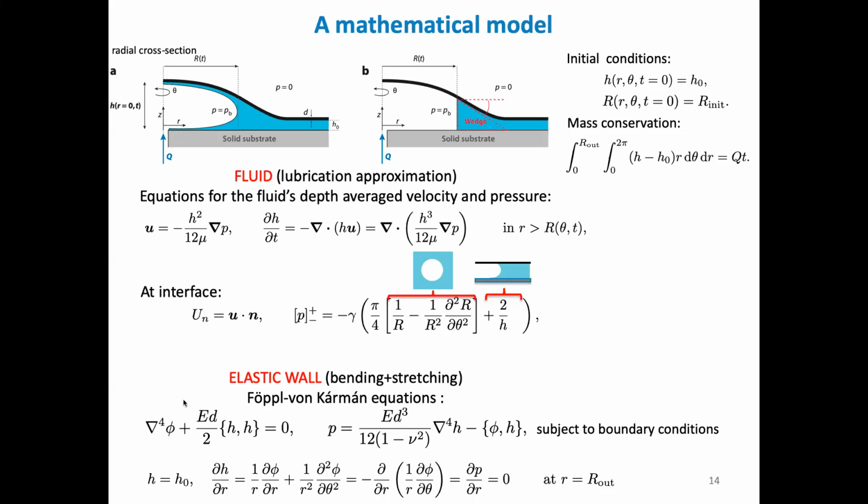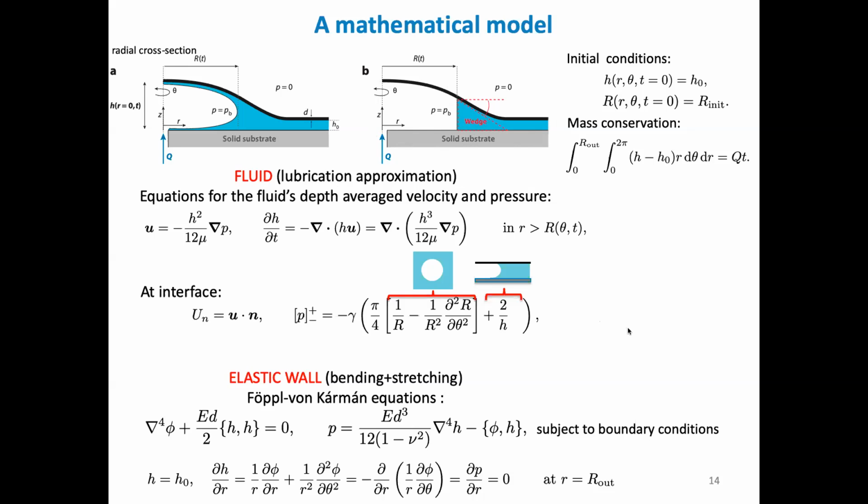Of course, this approximation does not do that, because the equations are dealing with the depth-averaged fluid velocity and pressure. So if you just stick to this lubrication approximation, this is what you're effectively modeling. You're not modeling the fact that there is some layer of liquid left at the back here behind the bubble tip and at the top there as well.